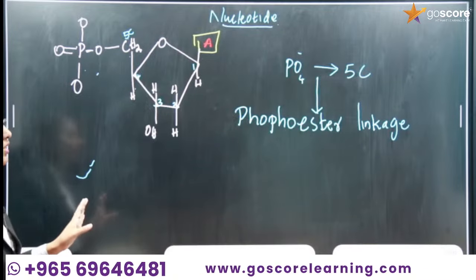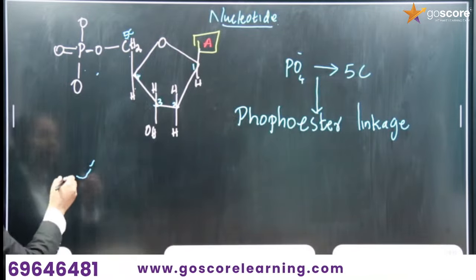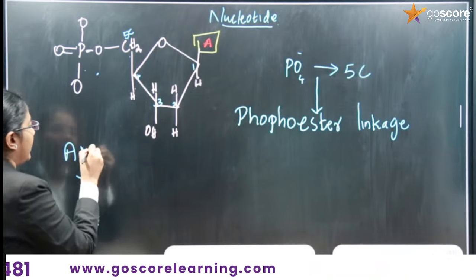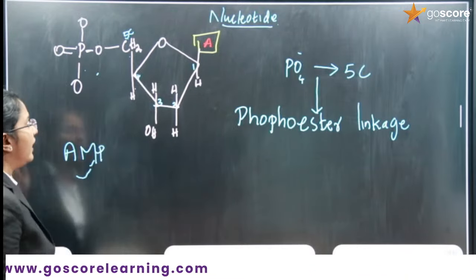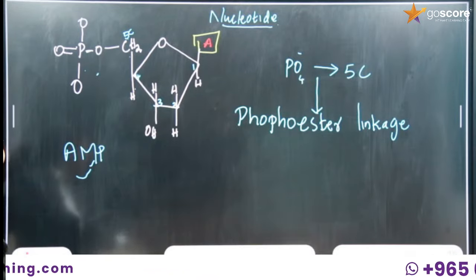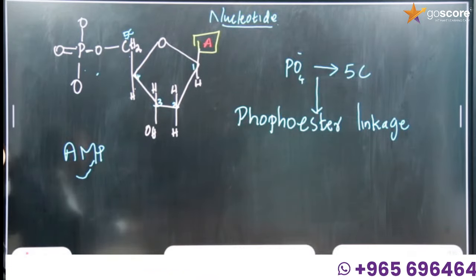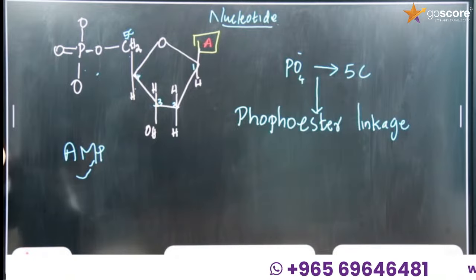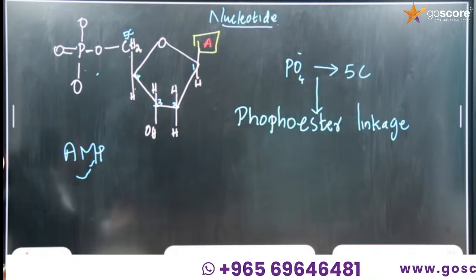Okay, clear? So if adenine is present, it is formed as AMP. See here, only one phosphate is attached. If two phosphate groups are attached, then it will be known as ADP, adenosine diphosphate. If three phosphate groups are attached, then we will call it adenosine triphosphate.